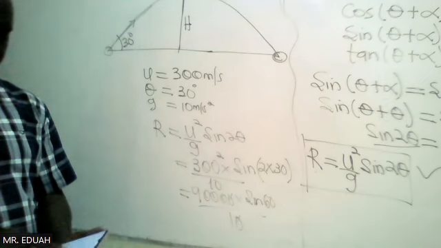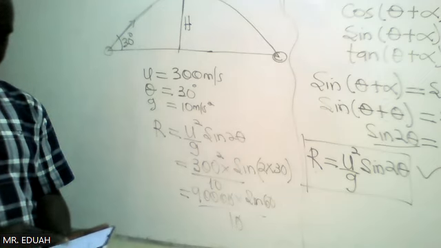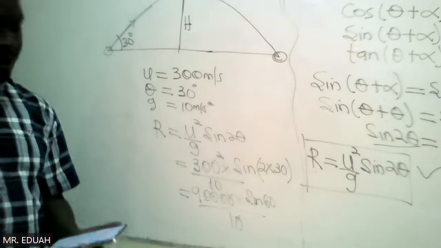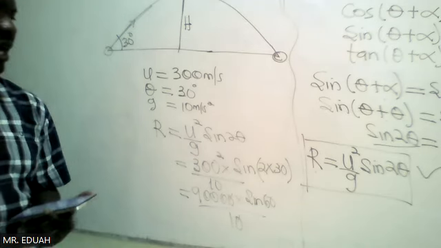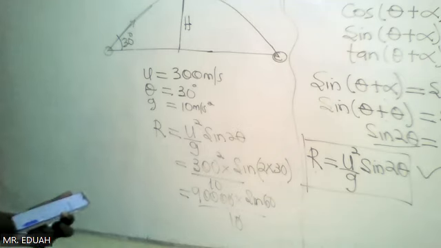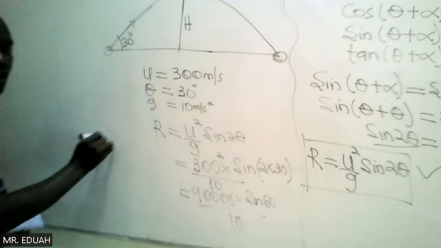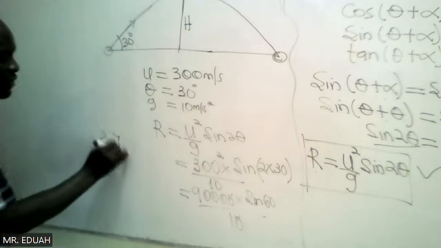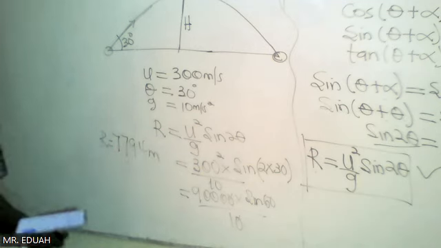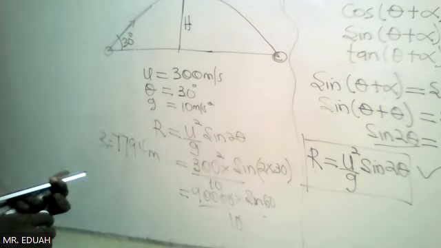And our answer is 7,794. So R is equal to 7,794 meters.